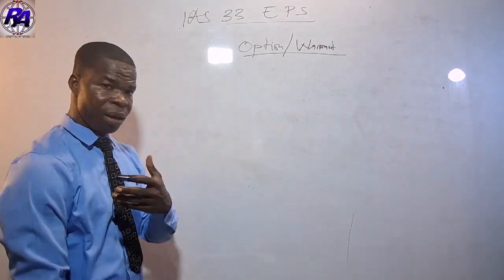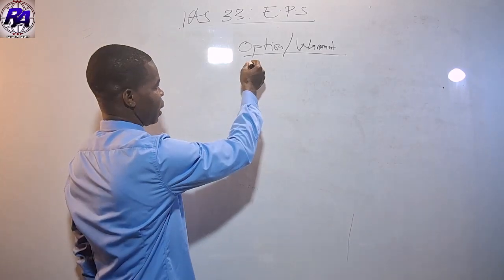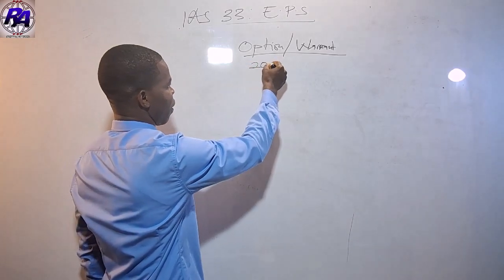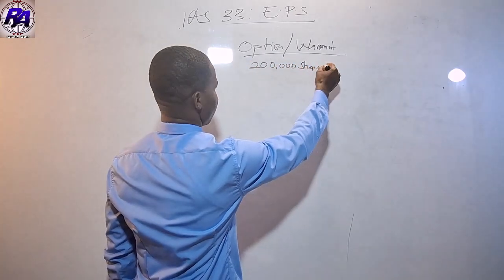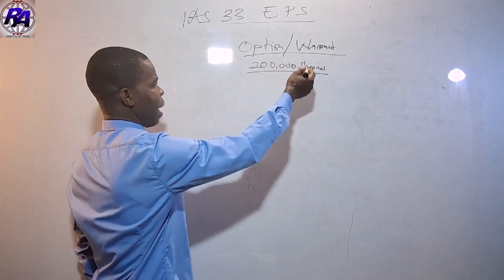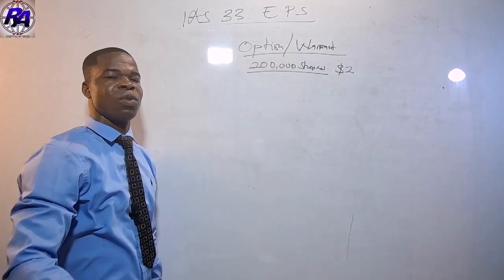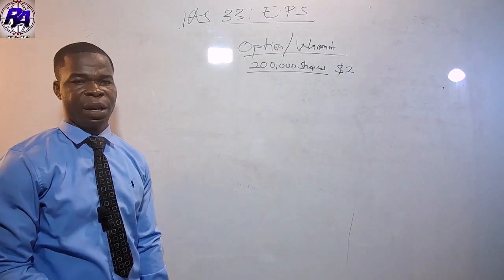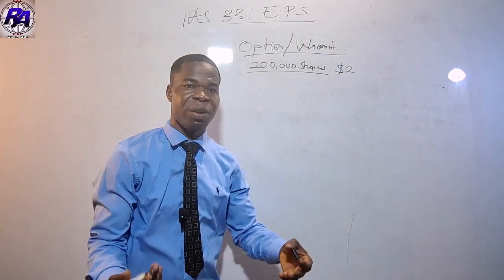So let's assume that the share options here is 200,000. The entity is going to sell 200,000 shares to a holder at an amount of $2 in 3 years to come. This is the predetermined price.